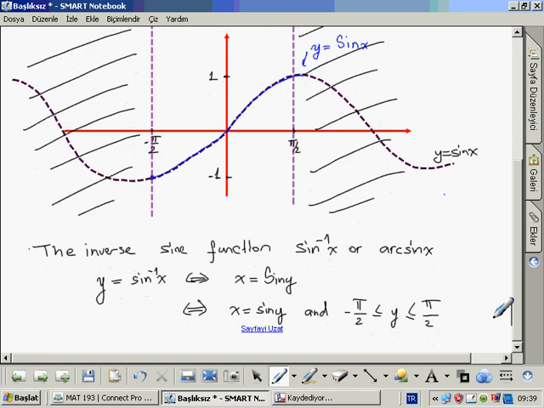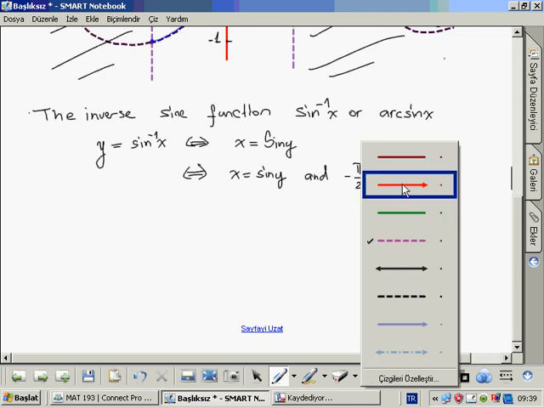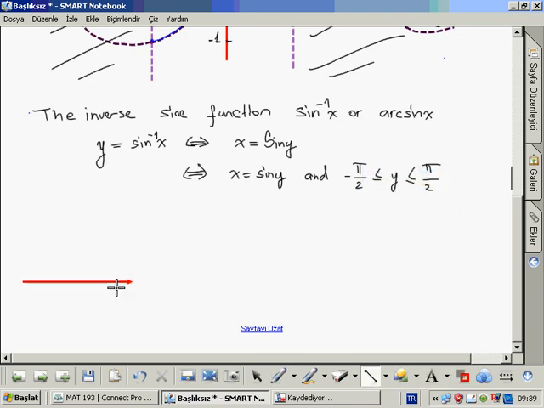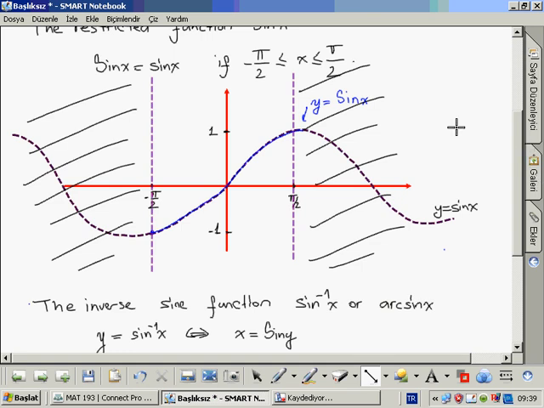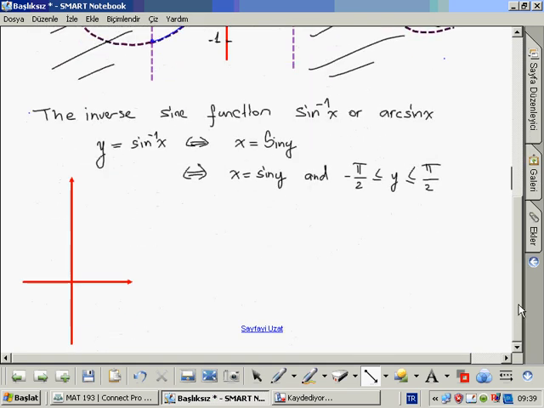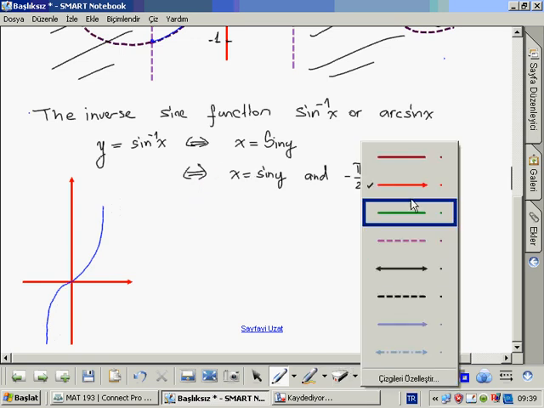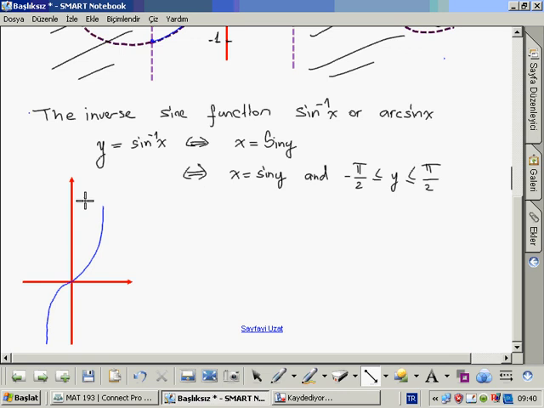And the graph of the inverse sine function, let me sketch it. Now the inverse sine function will twist on the y-axis. We know that the sine x function twists on the x-axis, but now you will see the inverse sine function twist on this part of the coordinate system.